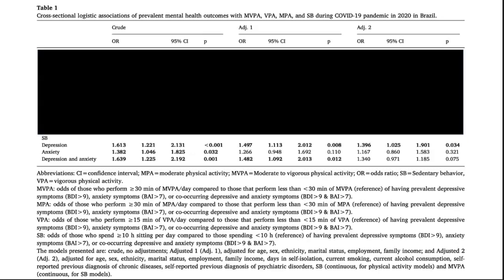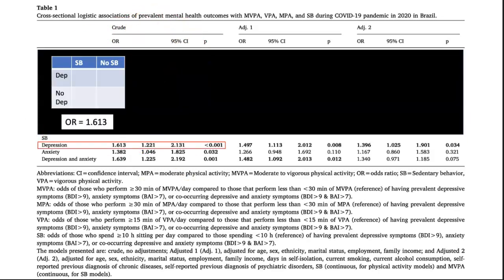So the way to think about this is if I'm looking at just this crude relationship here, you can think about this result, depression. Depression is our independent variable. Therefore, the exposed group would be depressed. The unexposed group would be people that are not depressed. And then the outcome is going to be sedentary behavior. The people without the outcome are the people with no sedentary behavior. And that gives us our results of 1.613 for our odds ratio. And then you also have the 95% confidence interval and the p-value.